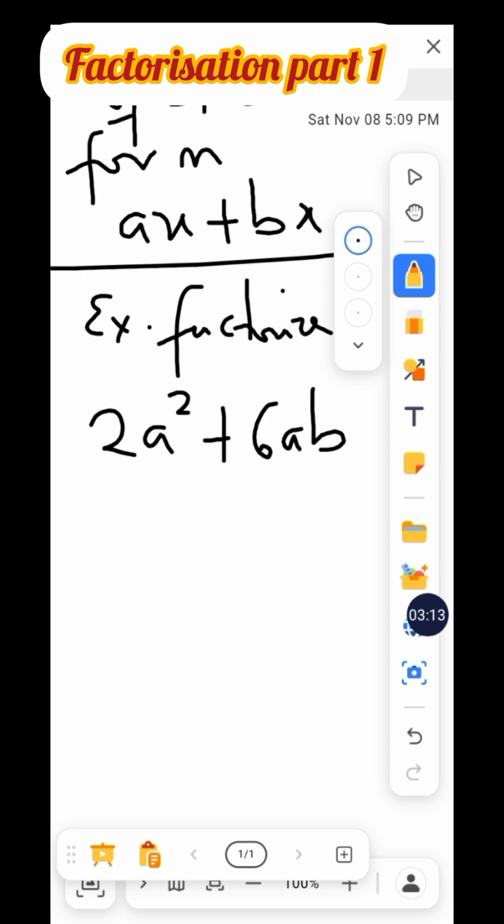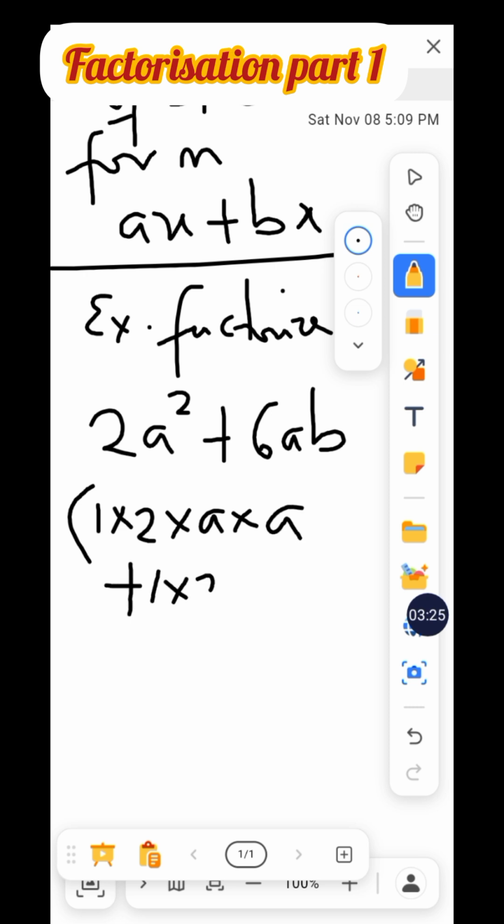What we are going to do is to break it down. Our 2a squared can be broken down as 1 times 2 times a times a, plus our 6ab can be broken down into 1 times 2 times 3 times a times b. Then begin to look for what is common. I have 2 here, I have 2 here.